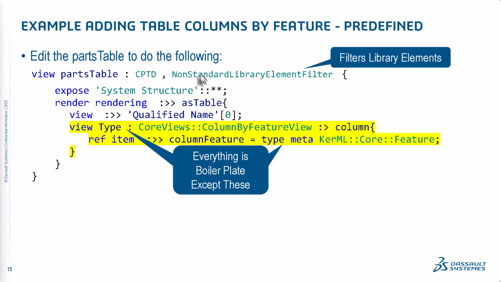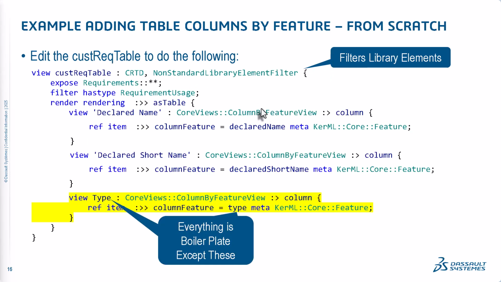Well, here we are right here. You'll see this is a comma separated list. That means that view parts table is defined by CPTD and non-standard library element filter. So you can have a comma separated list of definitions for your usages. Okay, and again, that just filters out some library elements that we don't care about.